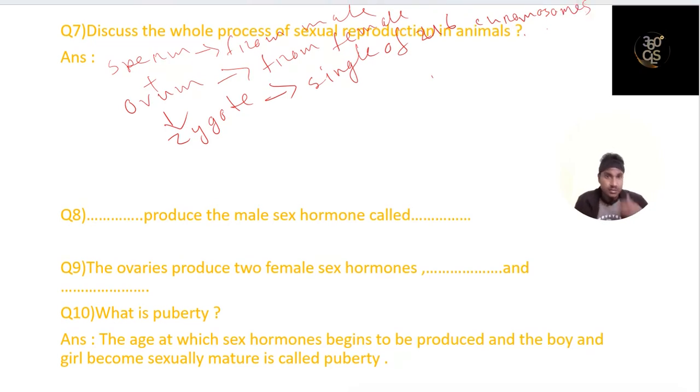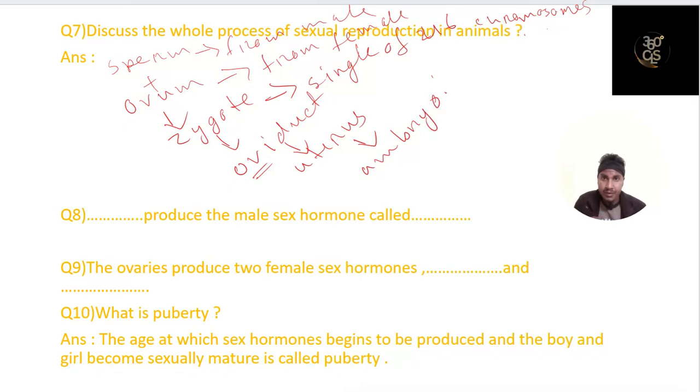Okay. So the zygote forms in the oviduct. It means that fertilization takes place in the oviduct, and in the oviduct the zygote divides itself, and it moves to the uterus and forms an embryo.